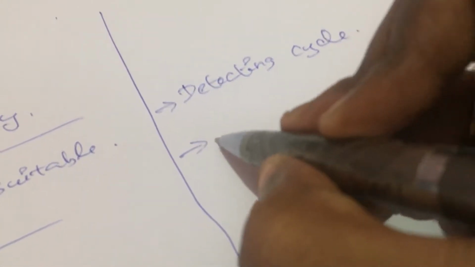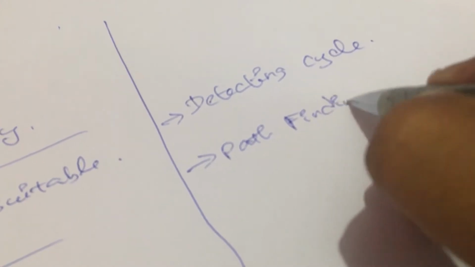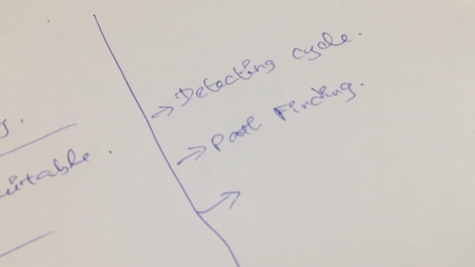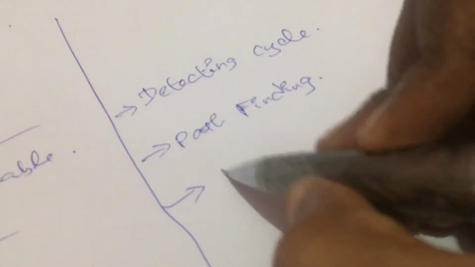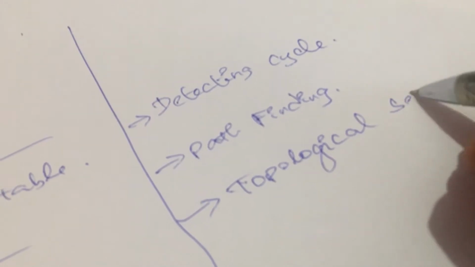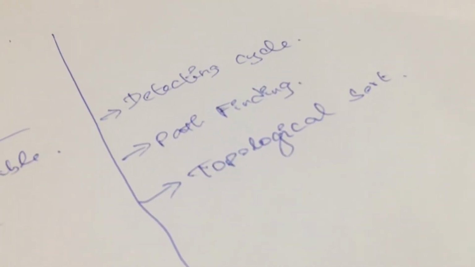Next is finding the path, or a path finding algorithm. For path finding, mostly we will prefer DFS since it is an efficient way. To find the topological sorting, we use the DFS algorithm. Topological sort is like CPU job scheduling.